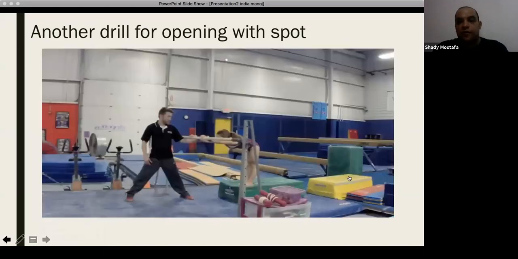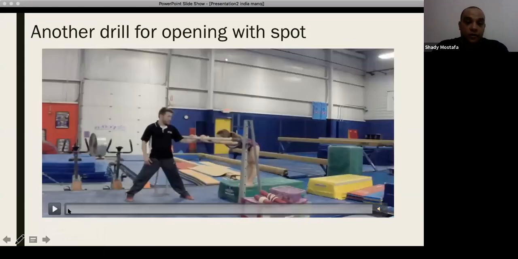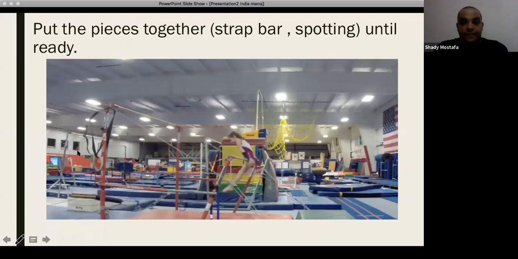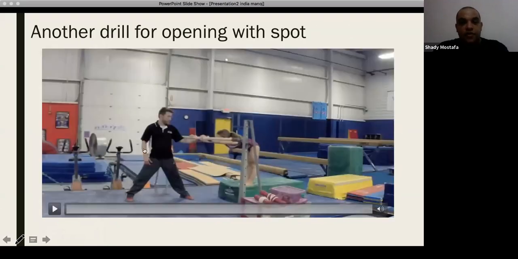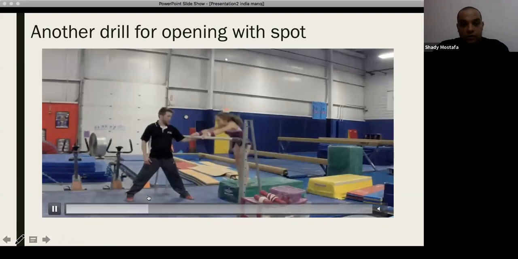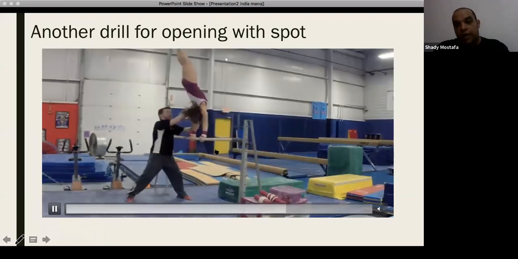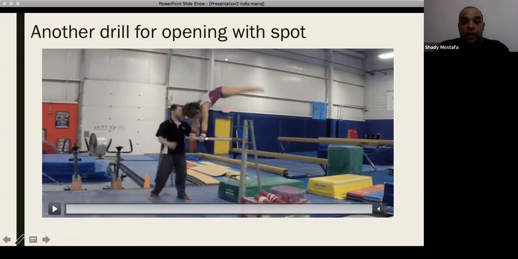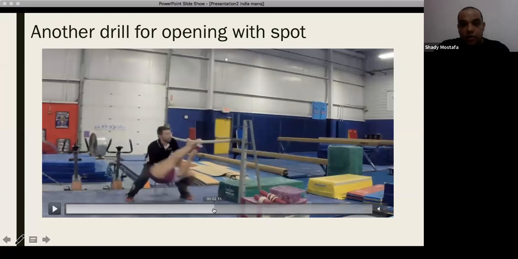Okay, another drill for opening with a spot. I like this drill, but first, after we do the previous steps, these are steps that you must do now. Push. Here in the beginning, you have to be aware. Please watch again, please pay attention, because you will see that in your gym.